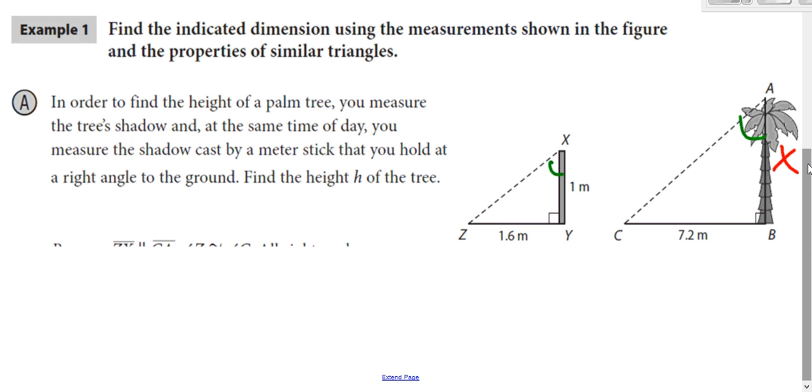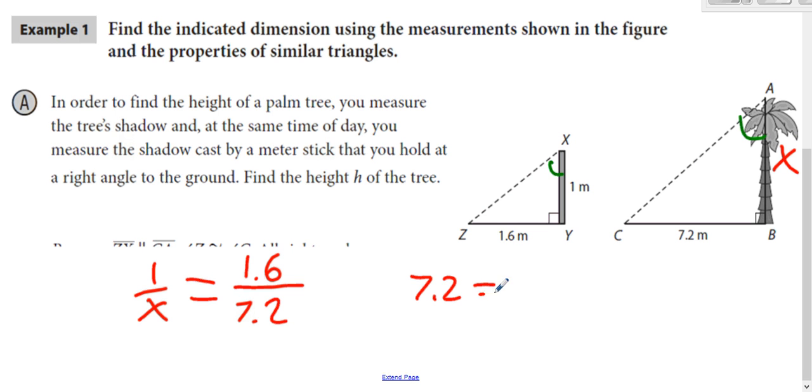We can do 1 over x equals 1.6 over 7.2, corresponding side over corresponding side. In this case, we did height to height and shadow to shadow. So then you cross multiply, you get 7.2 equals 1.6x.